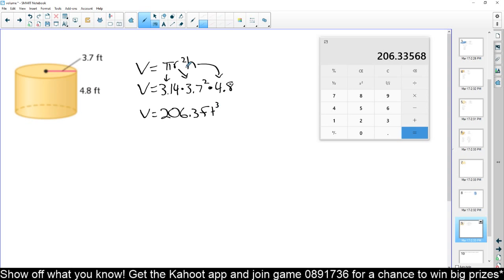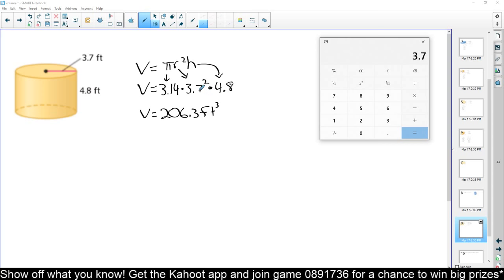So it's just a matter of you write the formula, and then you substitute all the numbers, and then you put everything into the calculator. And then we just double check. 3.14 times. If you can't find the square button on your calculator, you can always just do times 3.7 times 3.7 again.